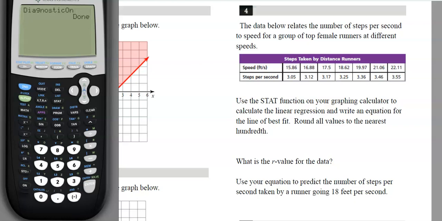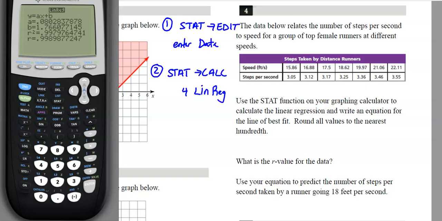Diagnostic on. Now I'm going to go back to stat, calc, number 4, and hopefully this one is going to show me the, there we go. Now we got our R values. Sweet. So I'm going to come over here and I'm going to write these in. So our equation is y equals, well, they're using A for the slope, and I said round to the nearest hundredth, so it's 0.08.